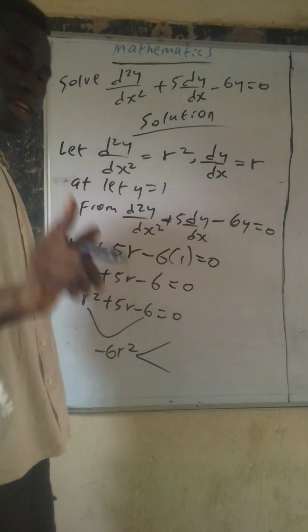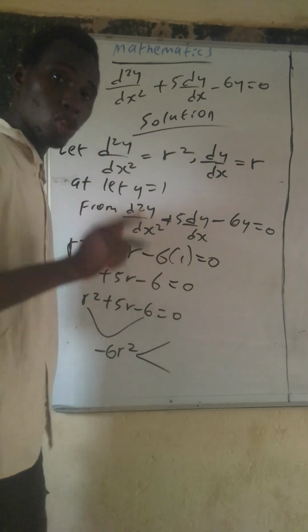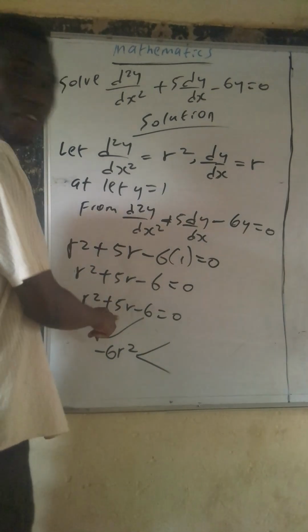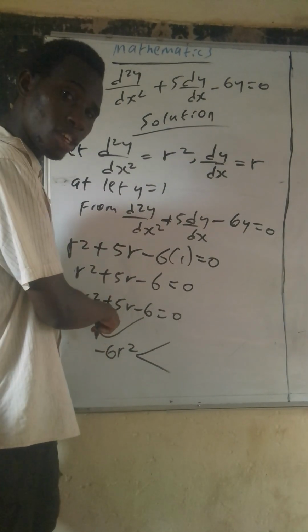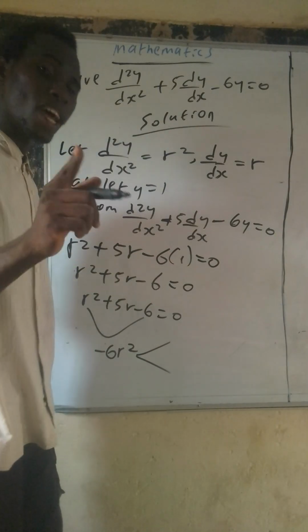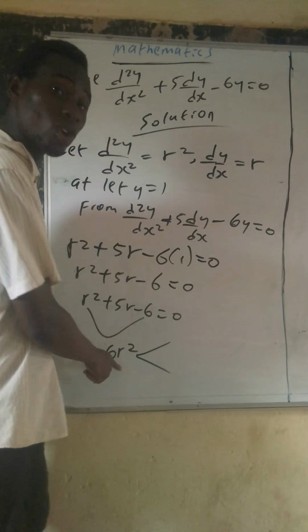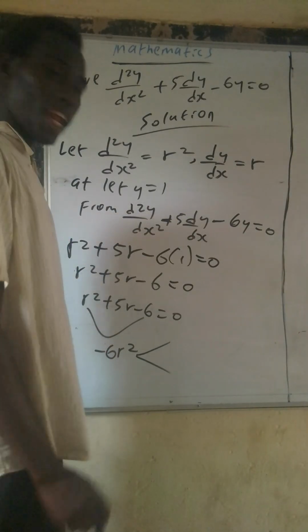Now, what are the two numbers that when we add or subtract, it will give us 5r? Are you getting me? And at the same time, when we multiply those numbers or variables, it will give us minus 6r squared. So what are the two numbers?